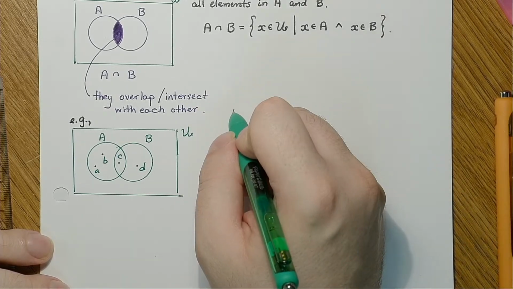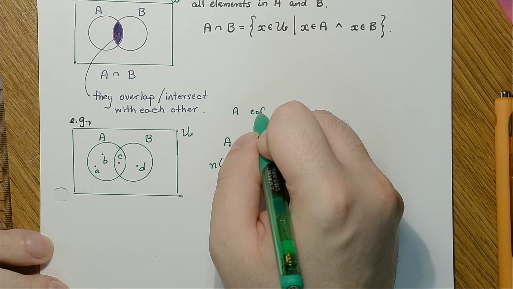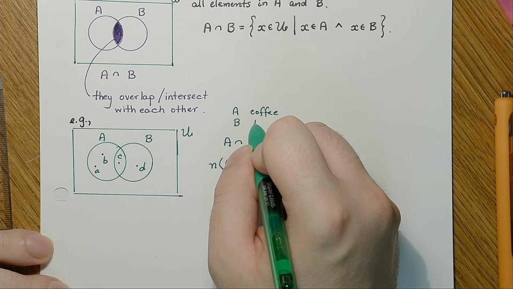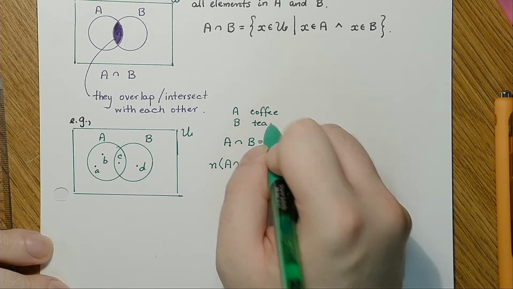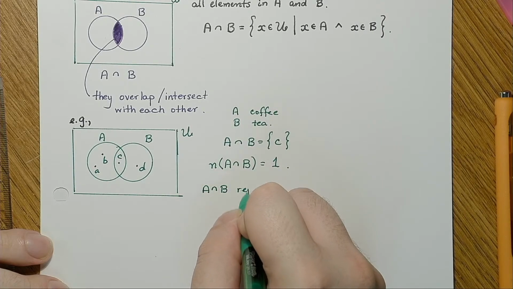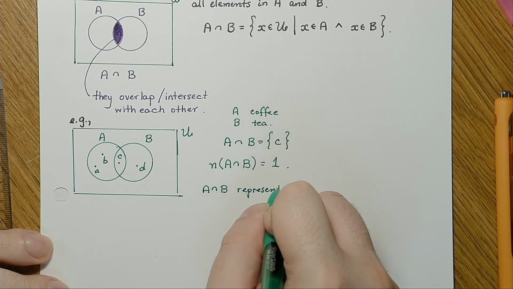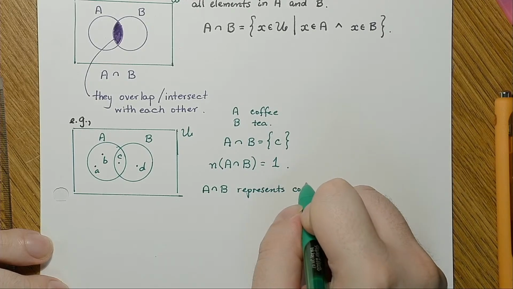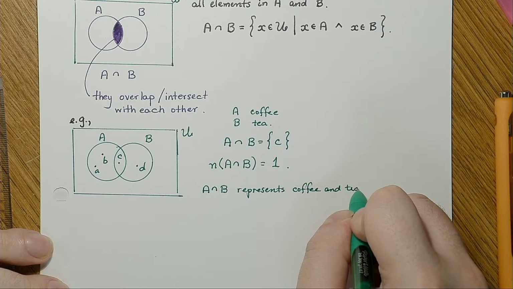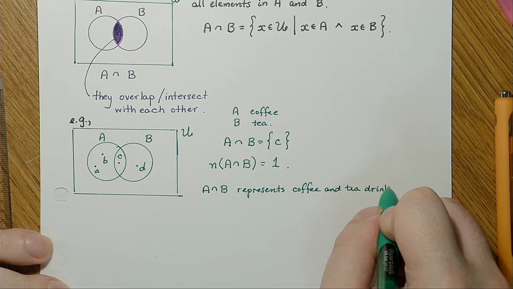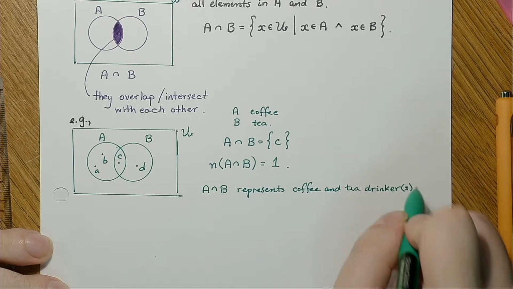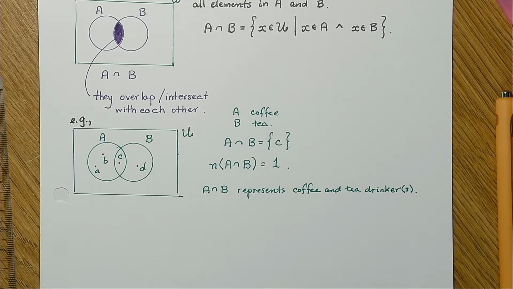So again, if A was coffee drinkers, and B was tea, A intersect B represents coffee and tea drinkers.